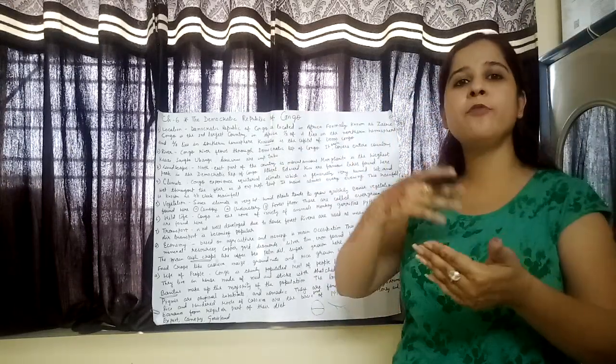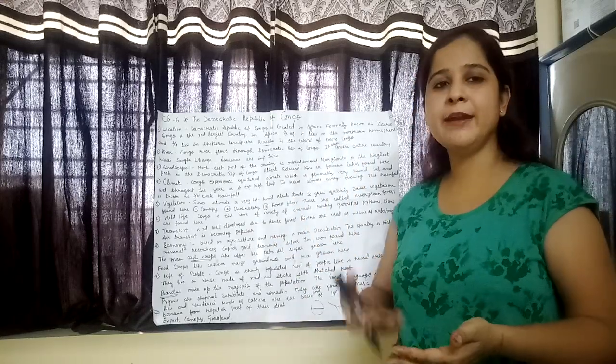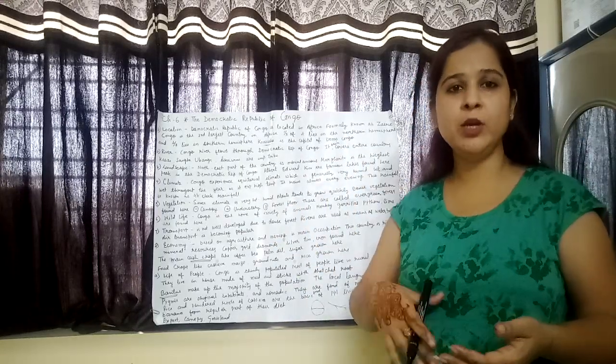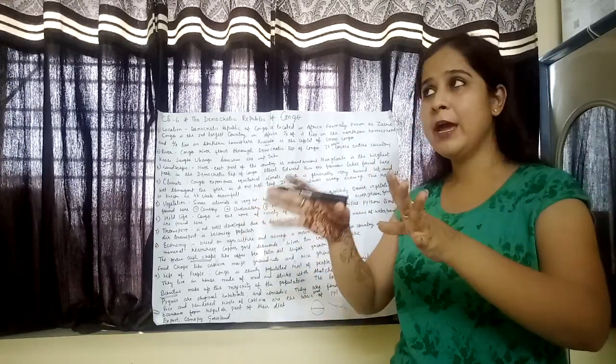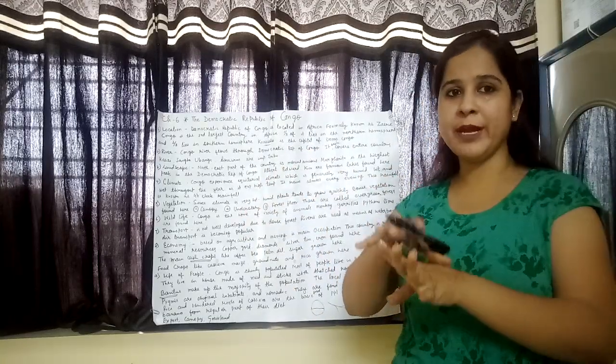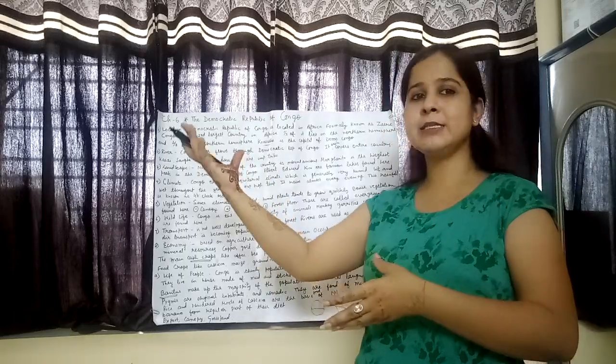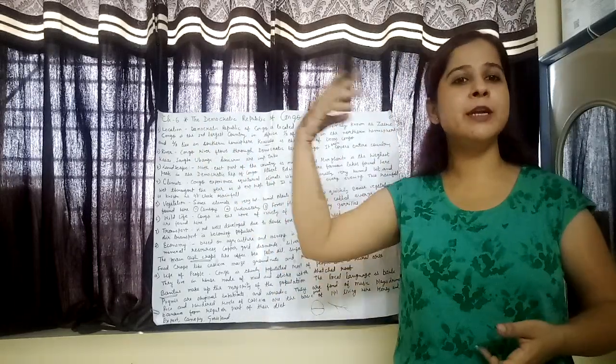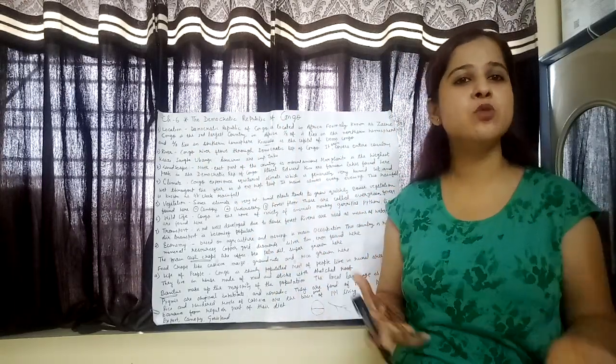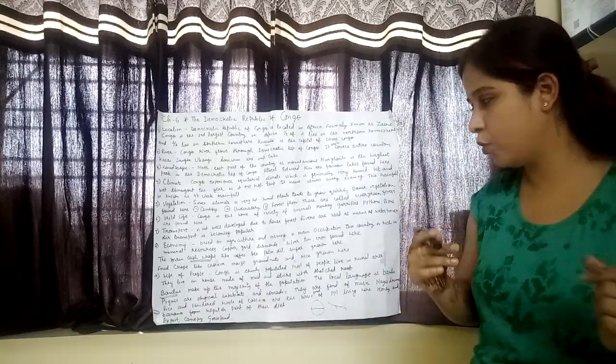That means sending objects, things, materials from one place to another. That is called export. And opposite of export is import. Import means bringing from other countries. Different countries send different materials and we are also sending them. So this exchange of goods is called export and import.